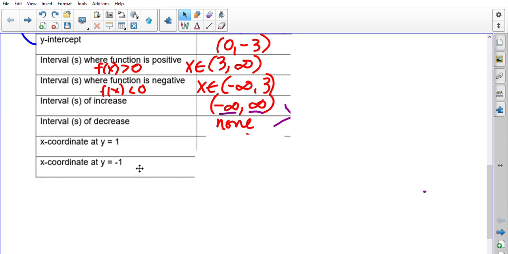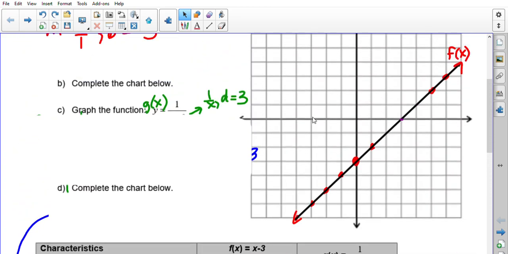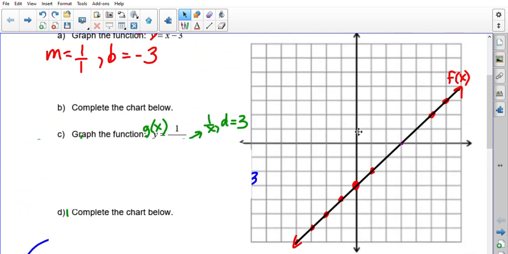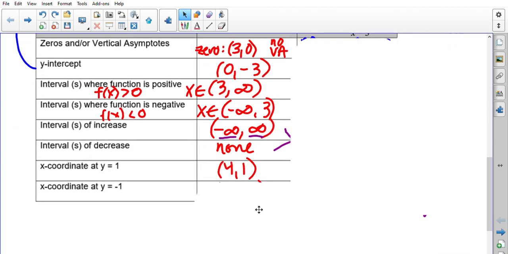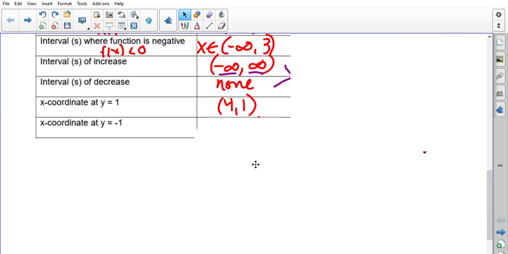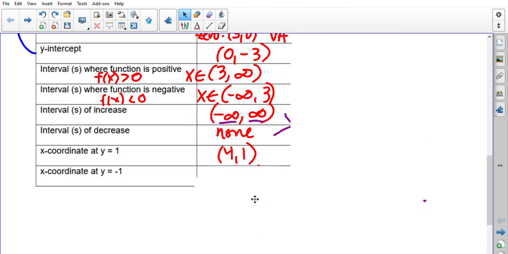Now I've added these two rows in here. I'm asking what the x-coordinate is when y equals 1. So if we go up here, when y is 1, I go across to the graph, see where it hits the graph, and I come down and I see that it has an x value of 4. So we're going to come down here and say it has the point (4, 1).